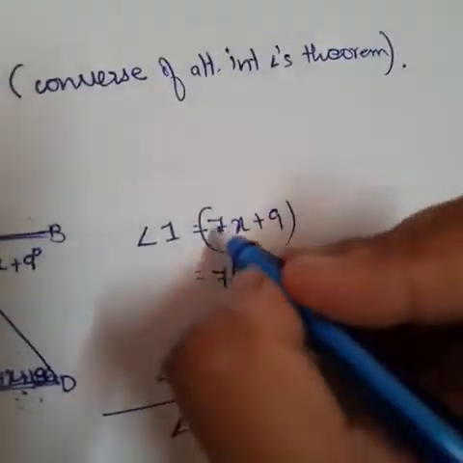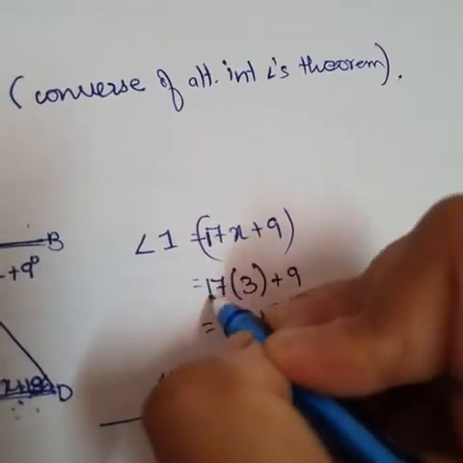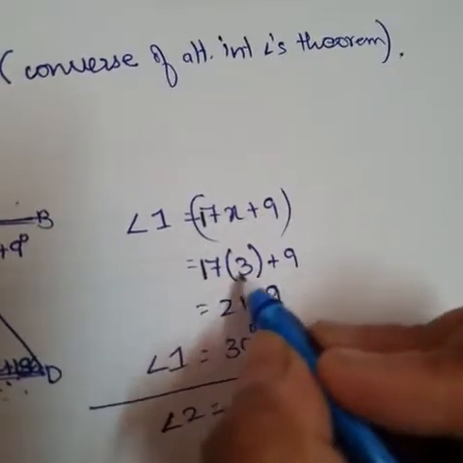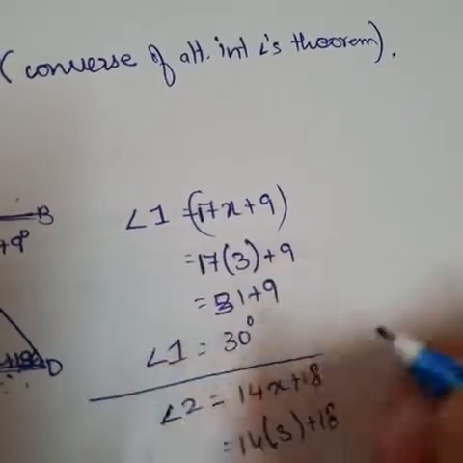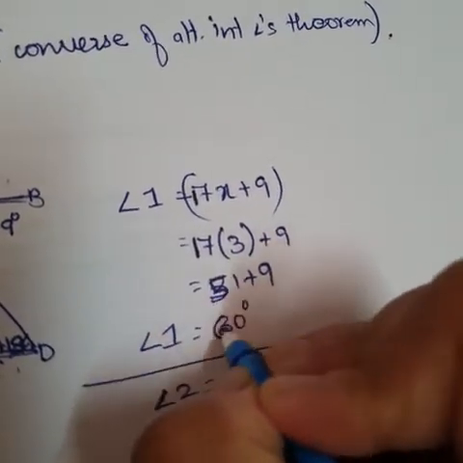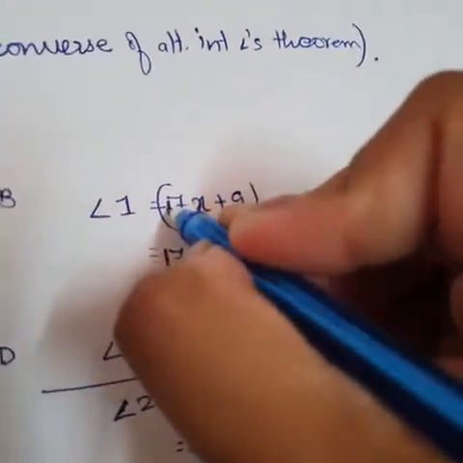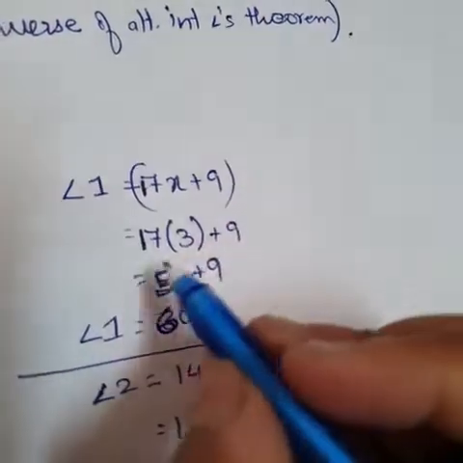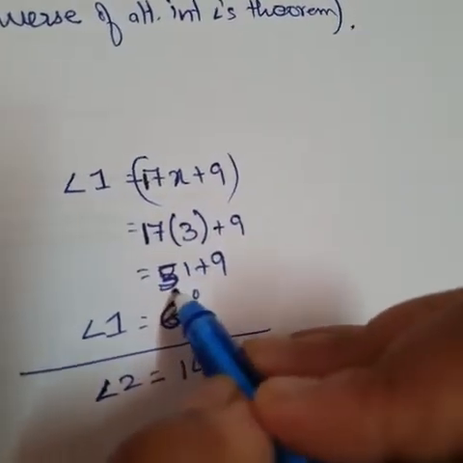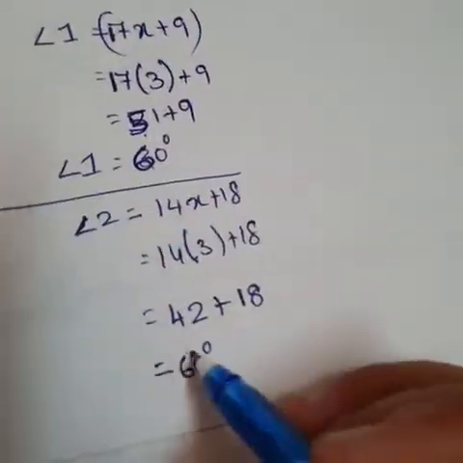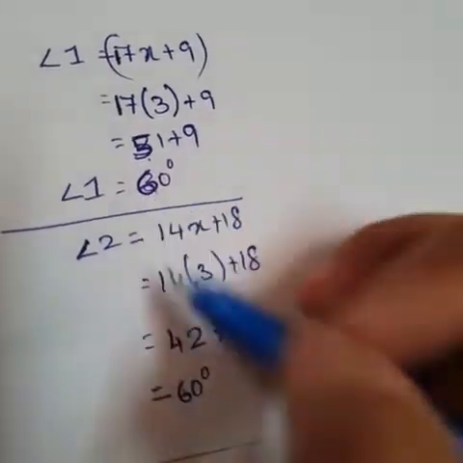Okay, here I made a small mistake. I forgot the 1 here. It is 17, so 17 times 3 is 51 plus 9, which is 60. I thought it was 7. So angle 1 and angle 2 are both 60 degrees, the same.